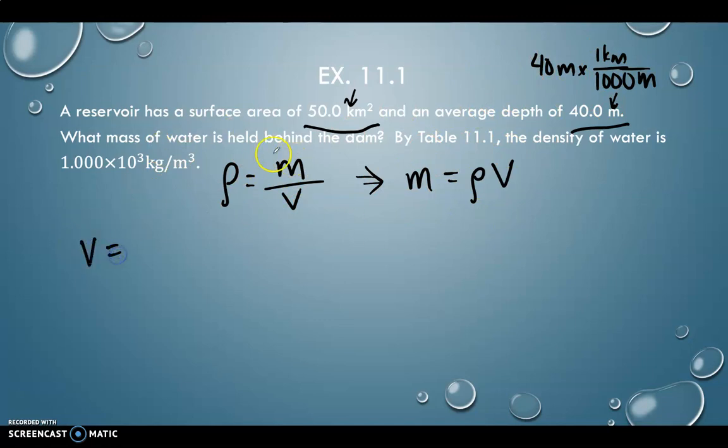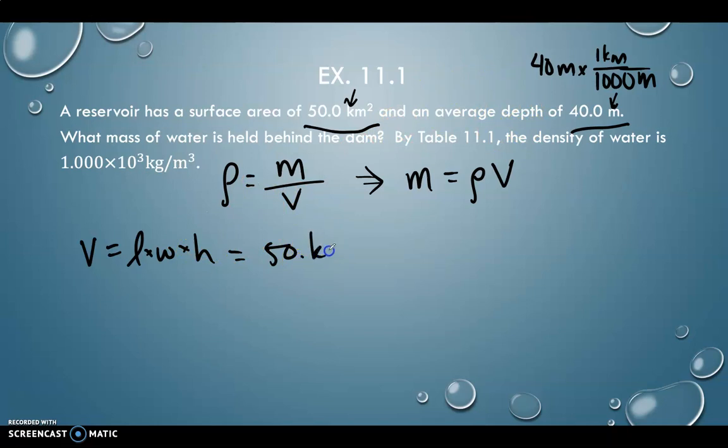Volume is going to be equal to length times width times height. It's the volume of a rectangular shape, maybe a cube or something like that. We already have the surface area, so that might be the length times width, and then the height or the depth is h.